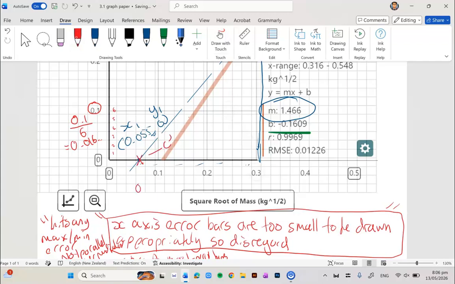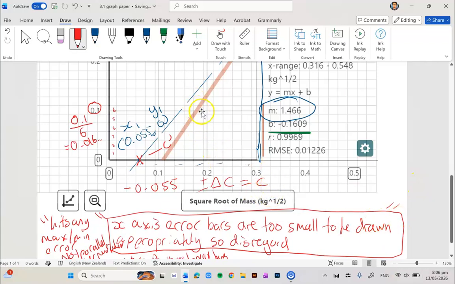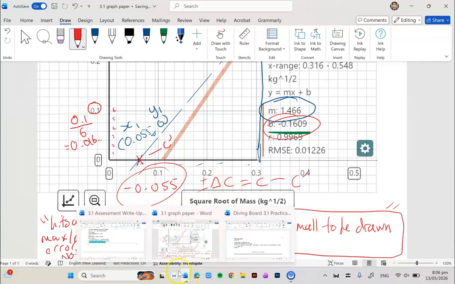That's around 0.055, right? Negative because it's going through the x-axis, so it's not a positive anymore. So you would take that, so your y-intercept uncertainty would equal the intercept of your best fit line, which they gave you here, minus this value here, your C dash, and that will give you your y-intercept uncertainty.